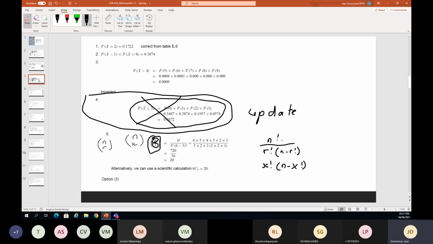What that means is at the top it is 6 times 5 times 4 times 3 times 2 times 1. That's what 6 factorial means.